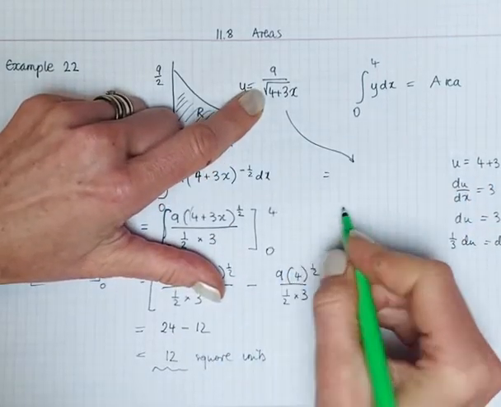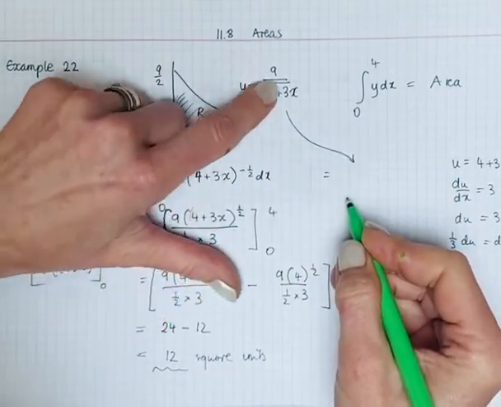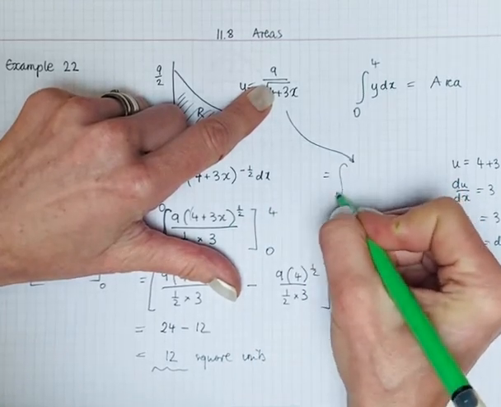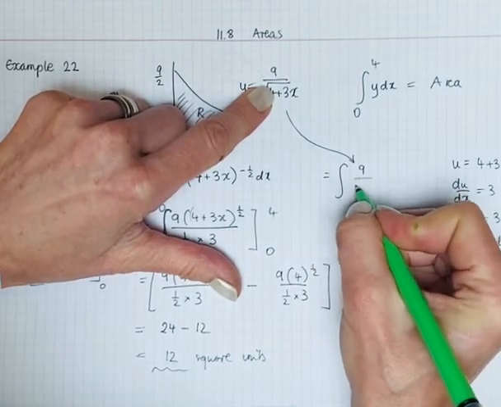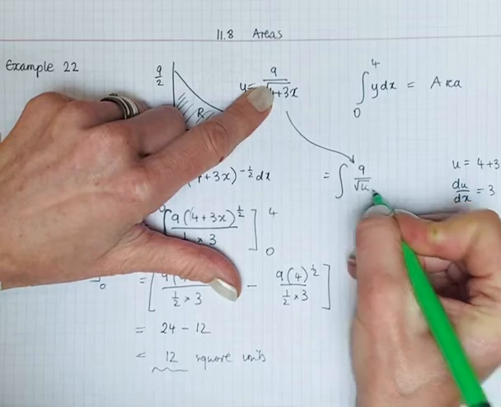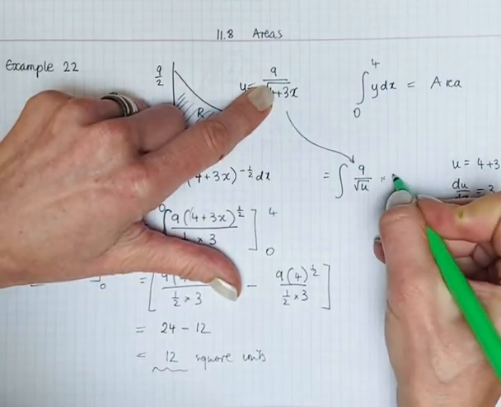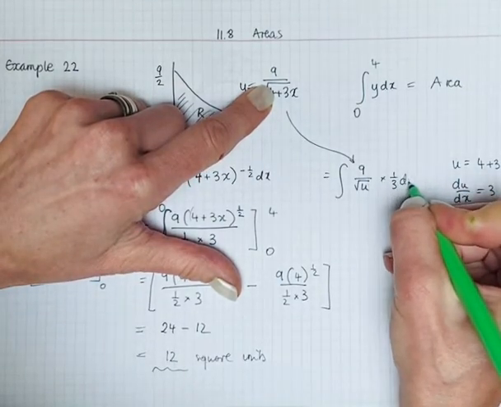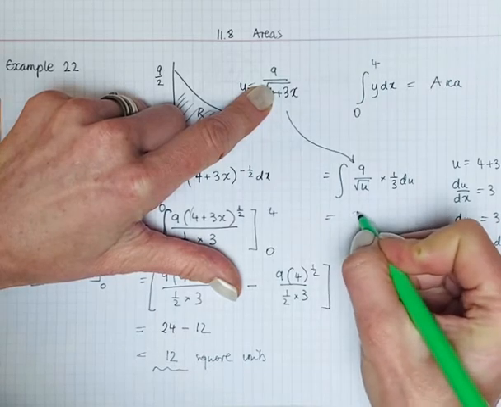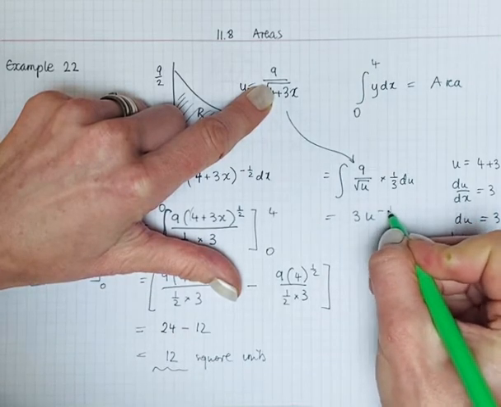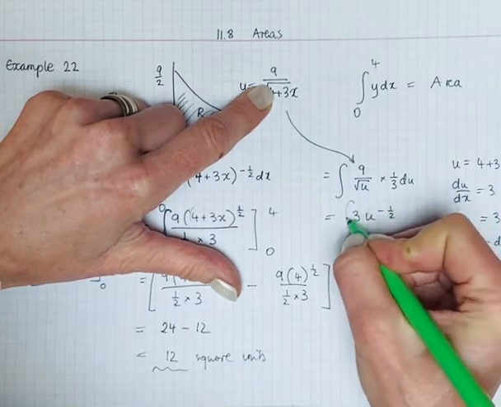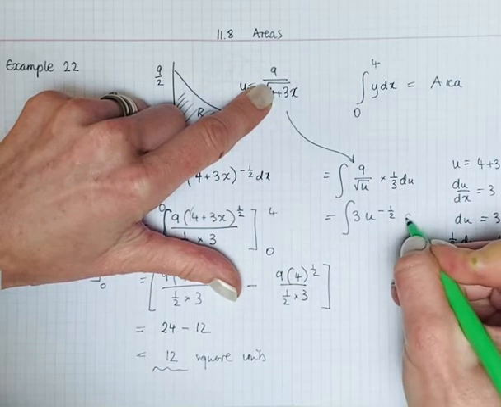Since we are going to integrate this, you're going to have 9, and then the square root of u, and then a third du. So it's going to be 3u to the power of minus a half that needs to be integrated.